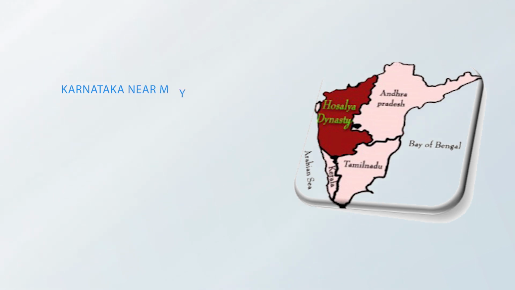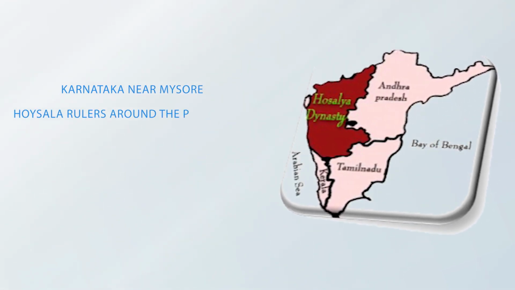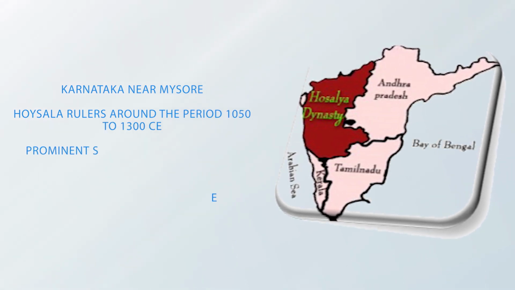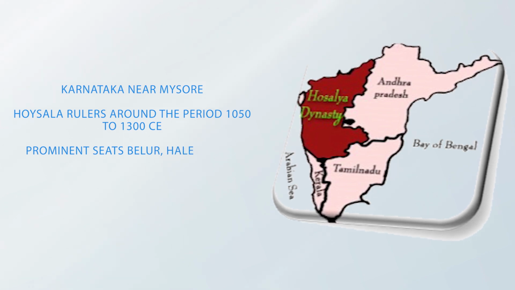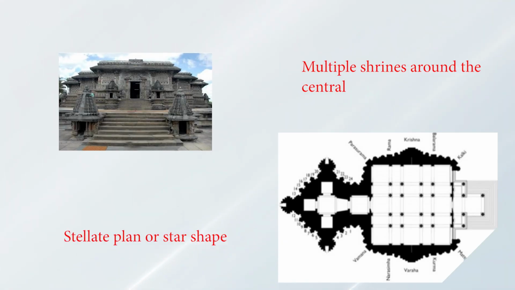Hoysala architecture. In the region of Karnataka near Mysore, the temples were built under the Hoysala rulers around the period of 1050 to 1300 AD. The prominent centres of Hoysala architecture are Belur, Halebidu and Sringeri. The unique features of Hoysala architecture: the first one is that multiple shrines were built around a central pillared hall.